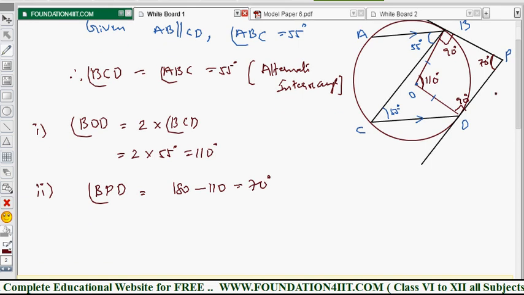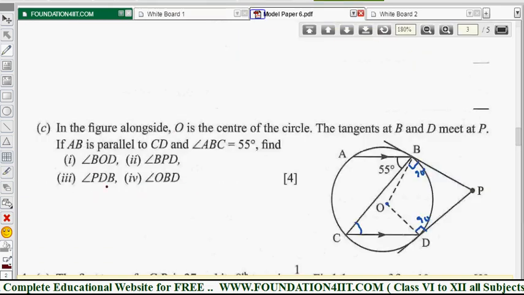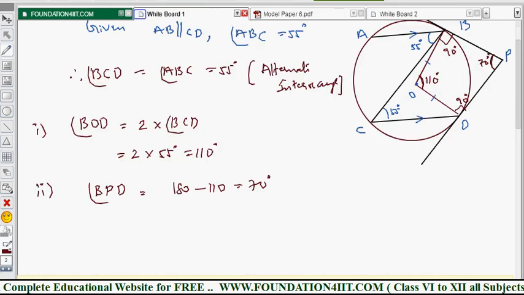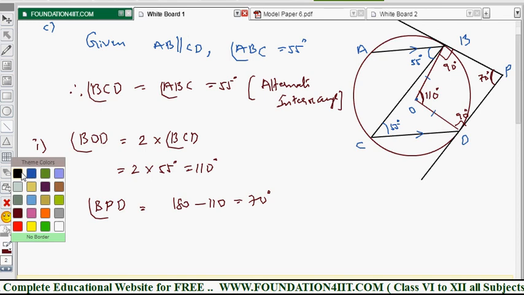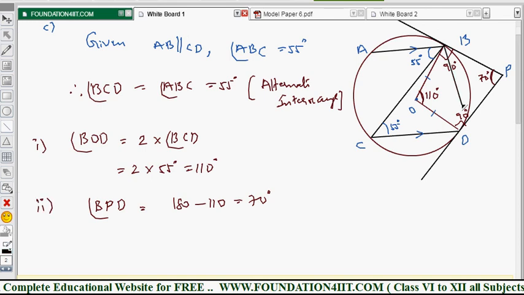Now next, angle PDB. Okay, PDB. You need to find out this angle PDB. Let me join B and D. So we know that these two sides are also equal, because they are tangents from an external point. Now in triangle PBD, if you observe, this is an isosceles triangle.